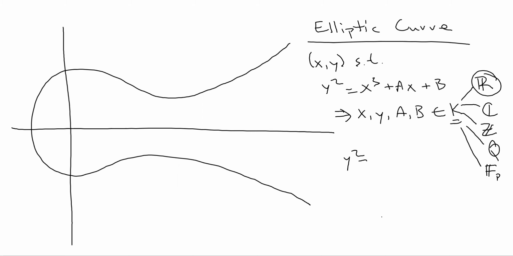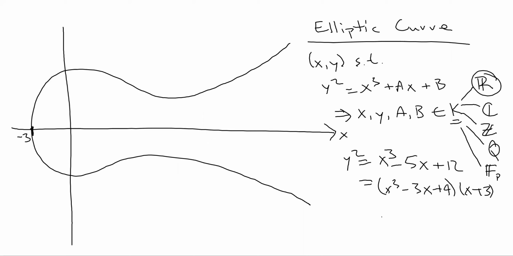Let's do y squared equals x cubed minus 5x plus 12. And you can see this factorization is something like (x squared minus 3x plus 4) times (x plus 3). And so it has a 0 at x equals -3.